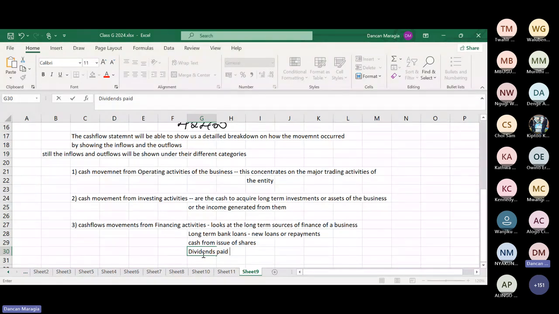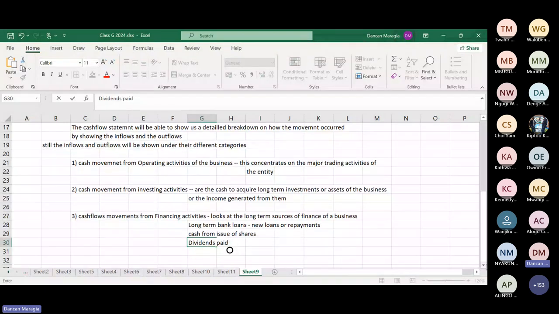The entire 10 million could have come from only financing activities, which would indicate that this business is actually not generating cash from its operating activities. That is why it is important to show the classifications, so that we can make sense of which area of the business is actually giving liquidity to the business in general.